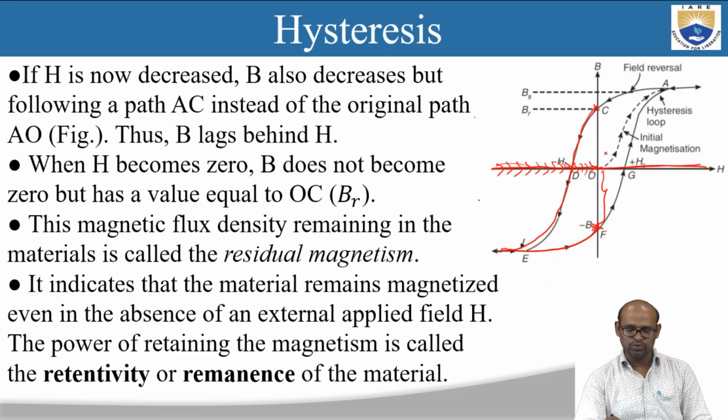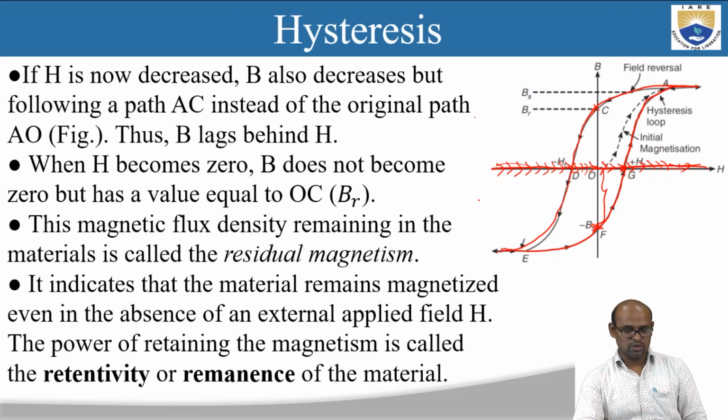Now I want to again destroy this magnetism that is stored in the material. So I am going to change the direction and apply the magnetic field again in this direction. As I apply the magnetic field in this direction, I find that the magnetic field induction decreases to 0. As I increase further and further in this direction, the magnetic field induction again increases and the loop closes.